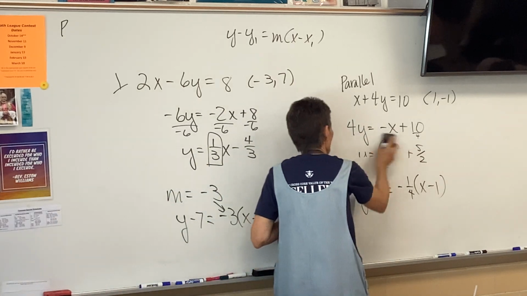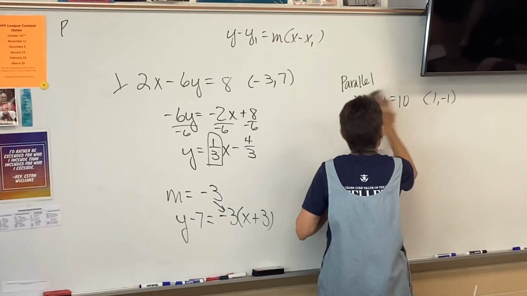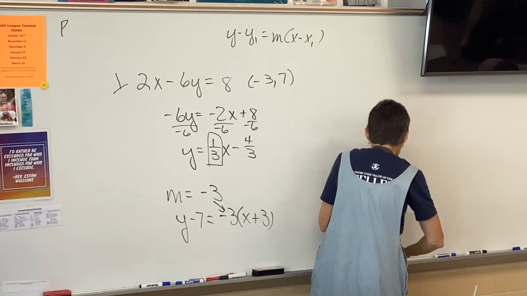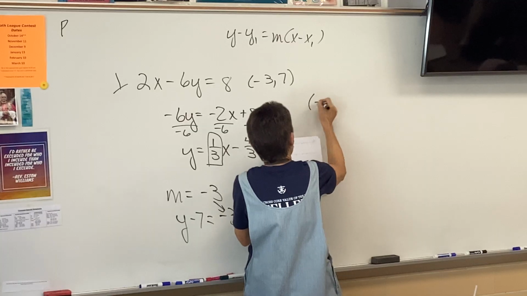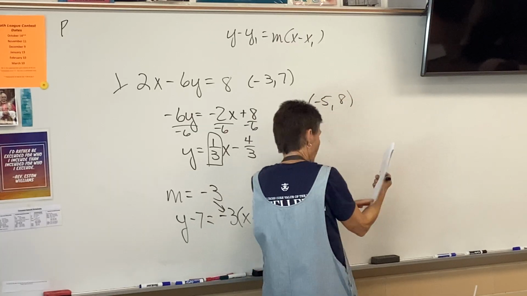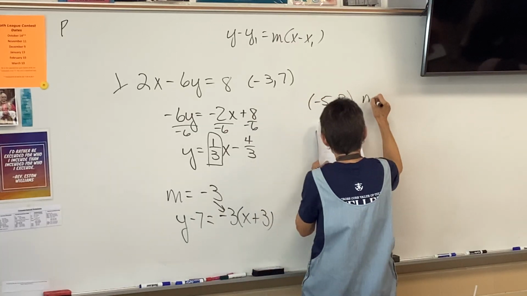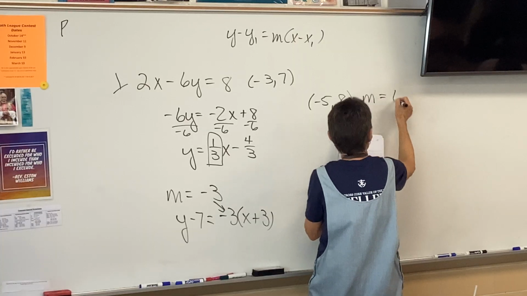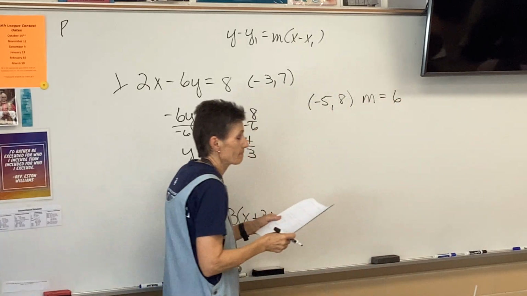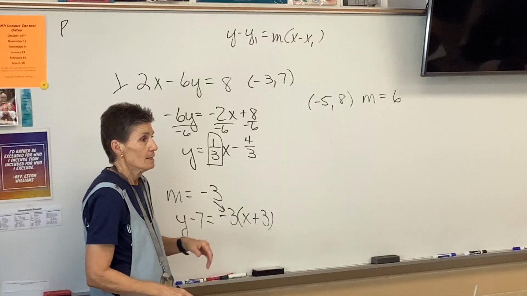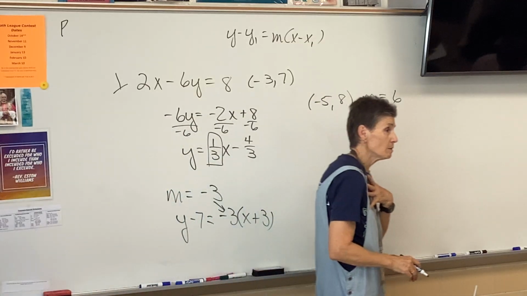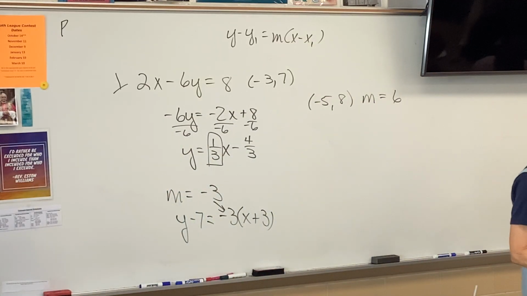Number 4, the directions have changed. We're still writing a line. We have -5/8 as our point, and our slope is 6. Now, I'll show you what I do, and then you can do whatever you want to do. As long as you end up with the right answer, it doesn't matter.